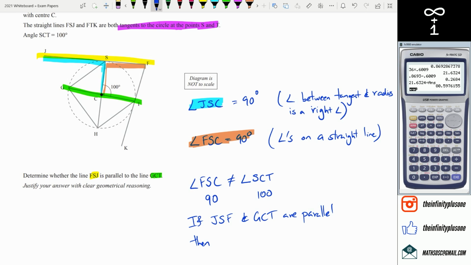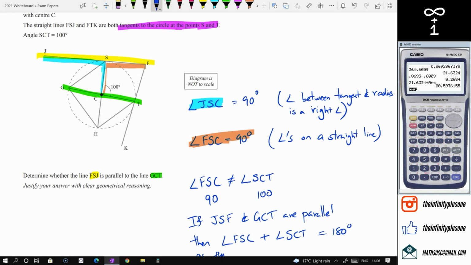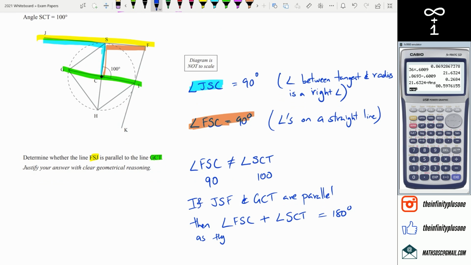then angle FSC plus angle SCT should equal 180 degrees, as they are co-interior angles. I mean, you could have done it the other way as well, where you could have used alternate angles.